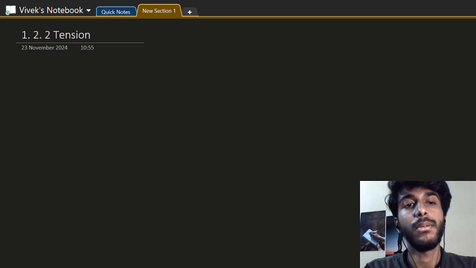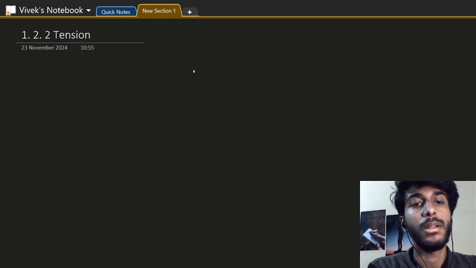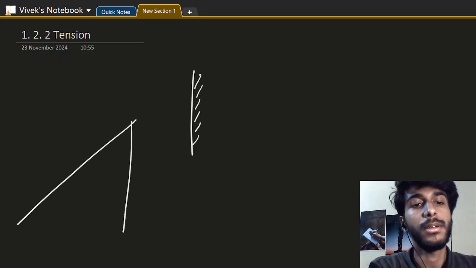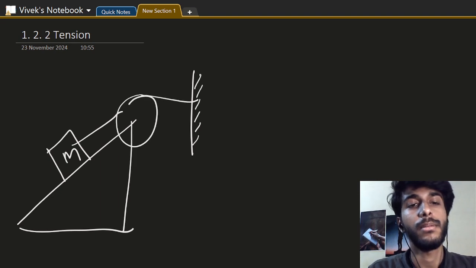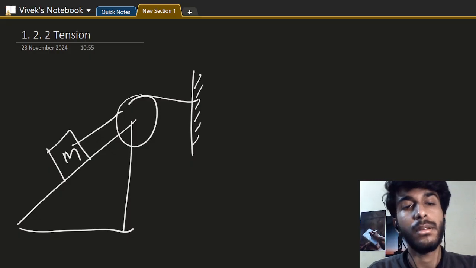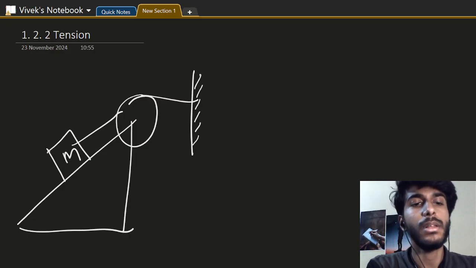Similarly, we have talked about tension. Let us take that example again. There is a wedge, there is mass M, a string, a rotor, and this. So how do you calculate the tension? It is very easy. M mass is there, mg will be applied in the downward direction.